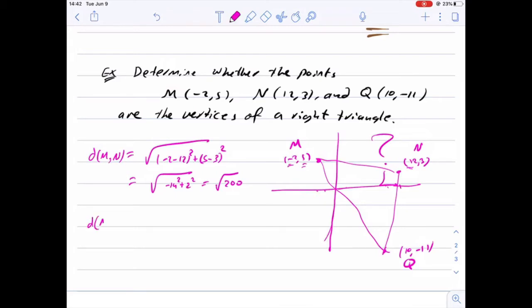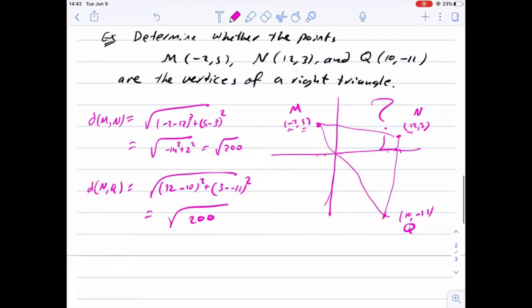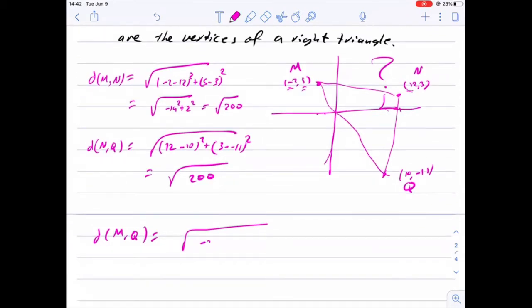Now the distance from N to Q is 12 minus 10, this is the difference on x, and 3 minus -11, the difference on y. This gives the square root of 200 as well if we compute this. And then we find the distance M and Q. This is -2 minus 10 squared plus 5 minus -11 squared.